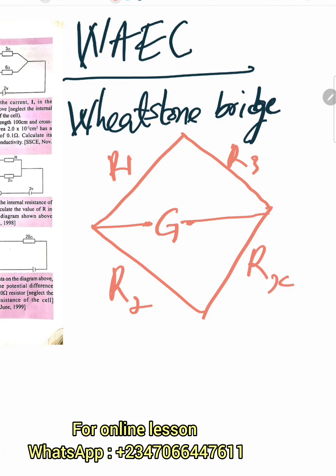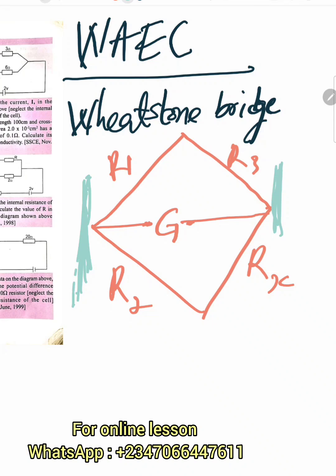Look at the bridge from the left side. This is the left side of the bridge, and here is the right side of the bridge. It is like a state of equilibrium in physics, so this side here is balancing this other side, because there is no deflection from the galvanometer.